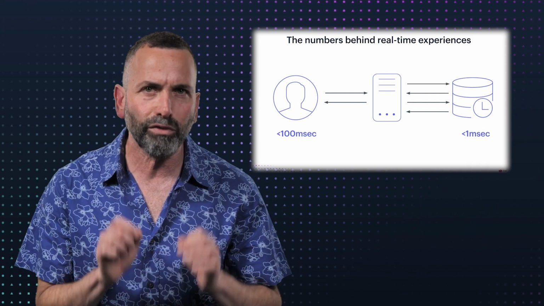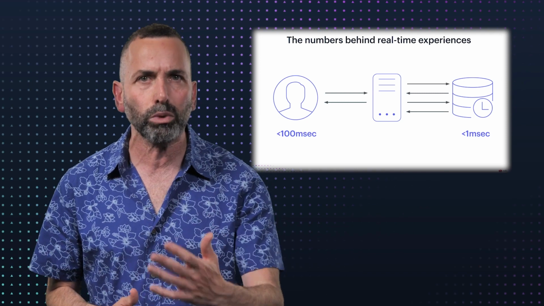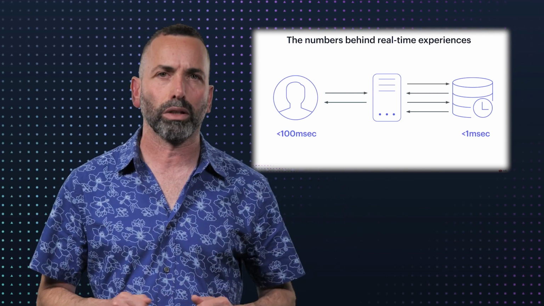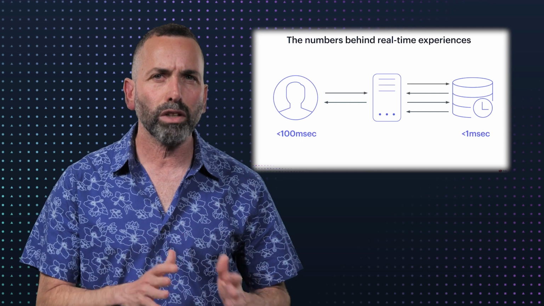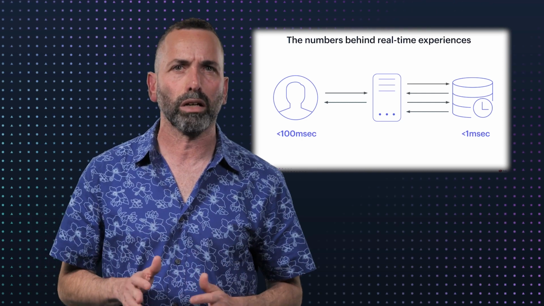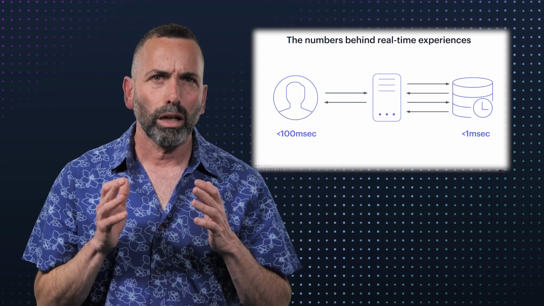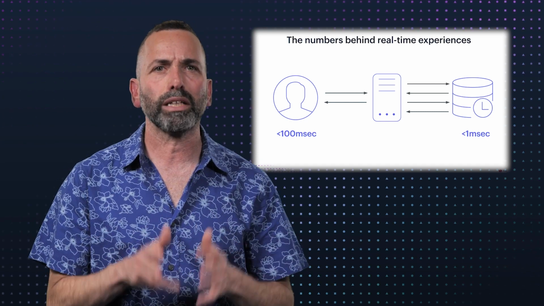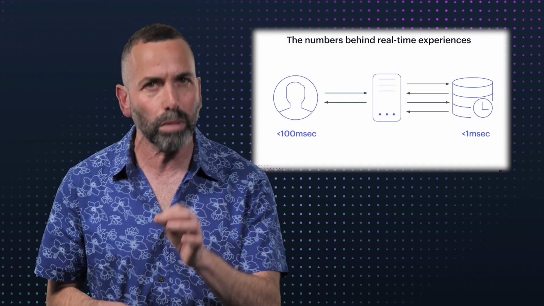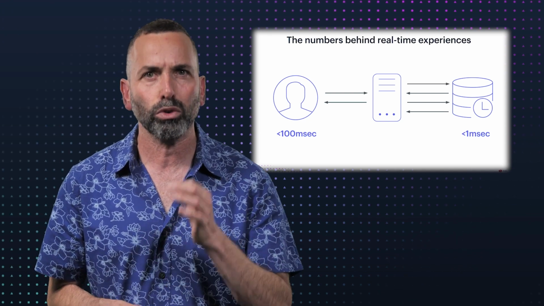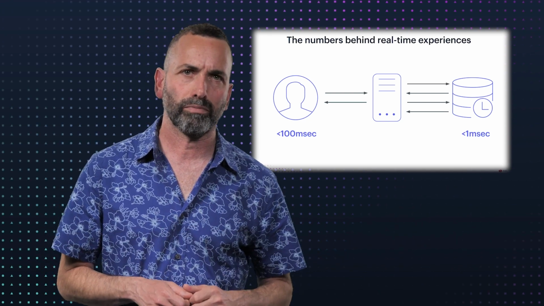This is what I can define as a state of flow between you and the application you interact with. Most of those 100 milliseconds round-trip time is being consumed by the network layer. And that means modern databases need to respond in less than 1 millisecond to deliver true real-time experiences.